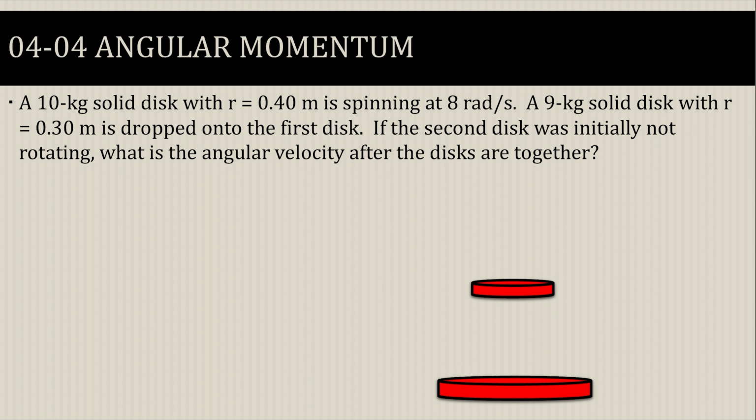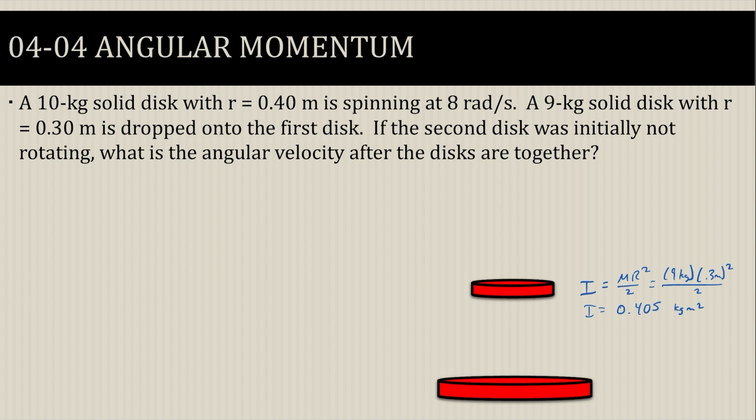So we're going to need to know our moment of inertia. For a disk, our moment of inertia is mr squared over 2. So for the smaller disk, the mass is 9 kilograms and the radius is 0.3 meters. So for our smaller disk, our moment of inertia is 0.405 kilogram meter squared.